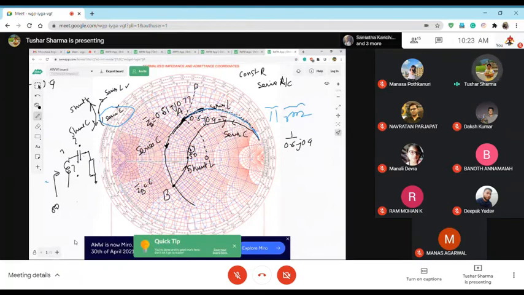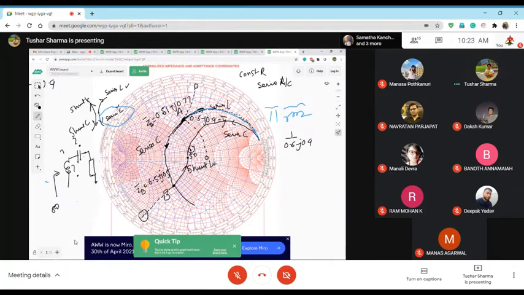So this is 0.5 plus. Now let's see the red curve here is this one. This is also J, this is 0.4, this is 0.5. So this will be 0.5 plus J 0.5.